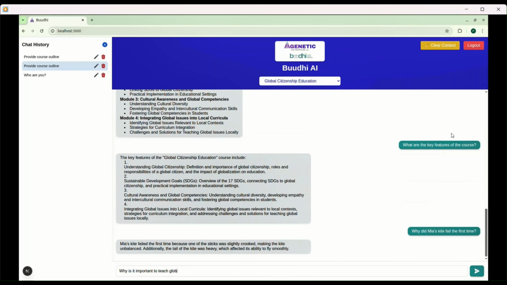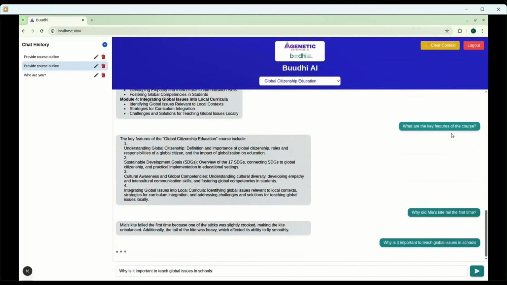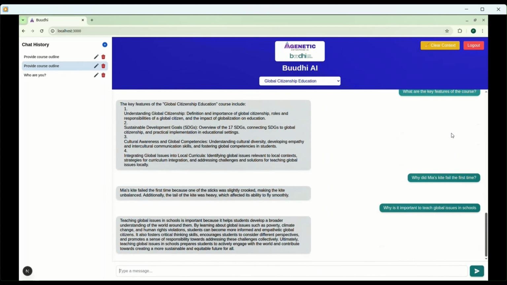Why is it important to teach global issues in schools? And see the answer here. So that's how seamlessly Eagle and its derivatives can change the context from one to the other.